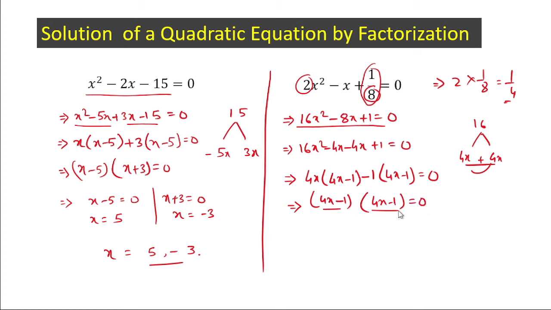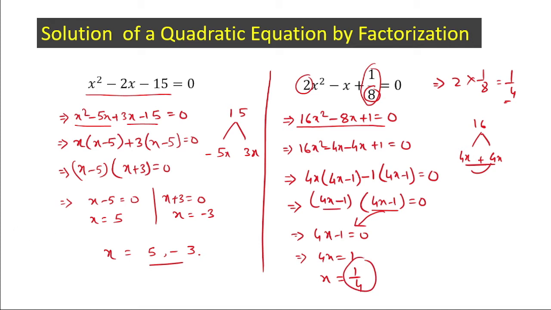The value of this is the same, so we can write 4x minus 1 is equal to 0. Here 4x is equal to 1, so the value of x is 1 by 4.